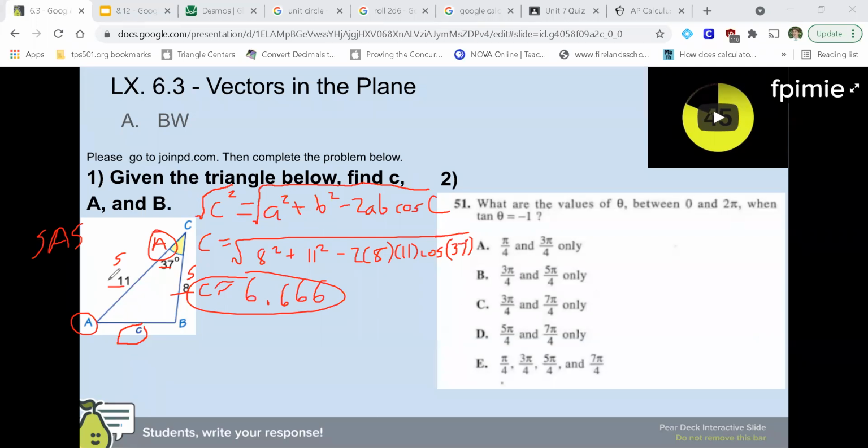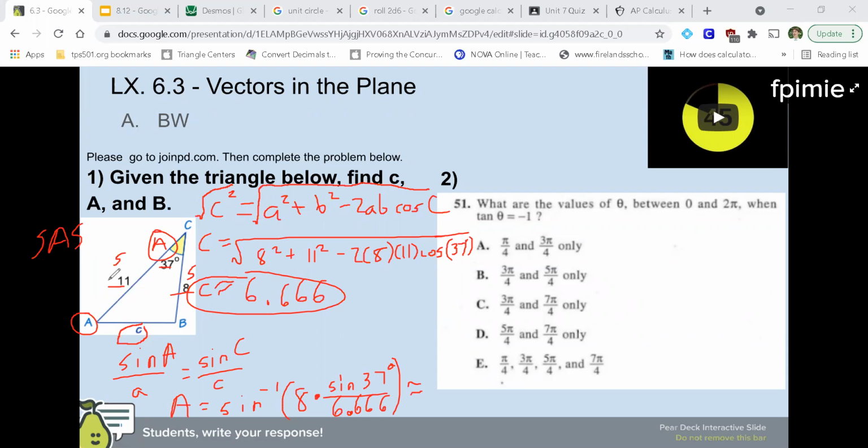The law of sines will be faster if we set up the sine of A over A equals sine of C over C. And that would mean that A is the sine inverse of side A times the sine of 37 degrees over C, which was 6.666.